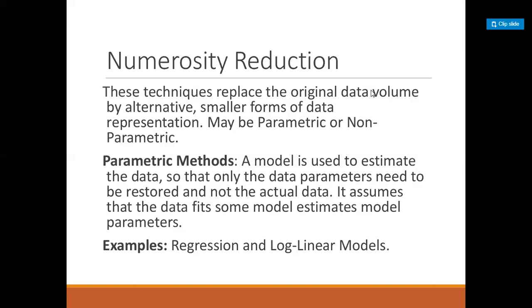In the parametric method, there are two techniques: regression and log-linear models. In these techniques, a model is used to estimate the data so that only the model parameters need to be stored and not the actual data. It assumes that the data fits some model and estimates the model parameters.